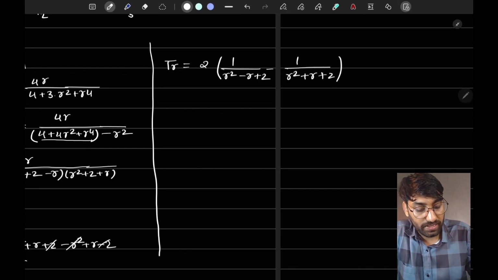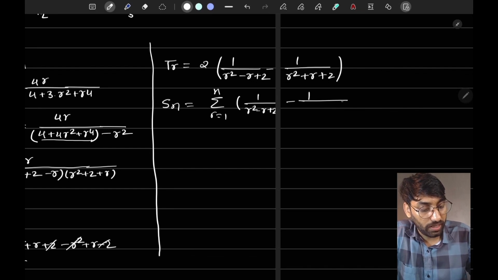Correct? Now, Sn is what? Sn is nothing but sum of r going from 1 to n. Here I will get what? 1 upon r square minus r plus 2 minus 1 upon r square plus r plus 2.